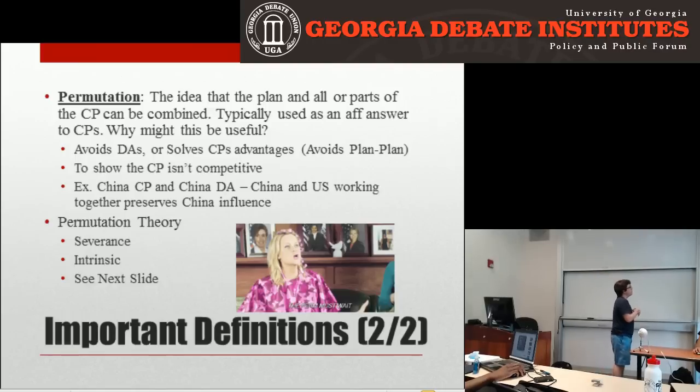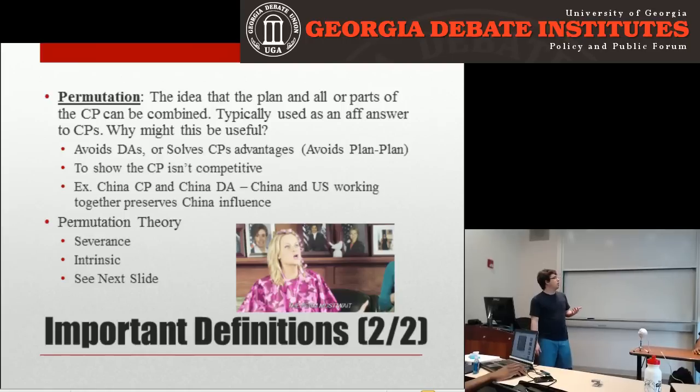For example, if you look in the packet on the China counterplan, there's a counterplan, and there's an advantage to the counterplan, which is if China acts by itself, then it allows China to develop soft power and its own influence, right?